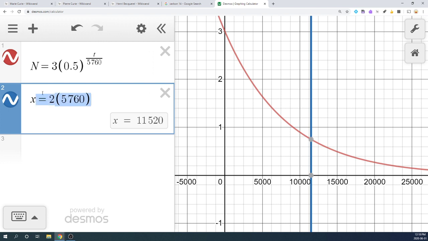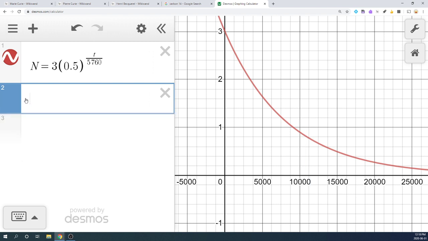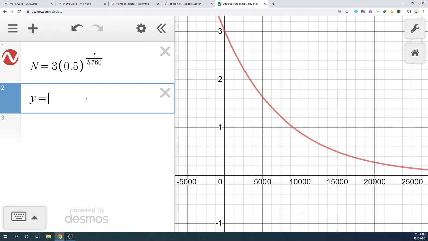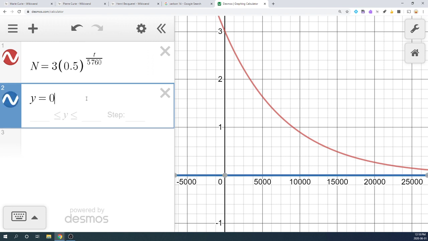And so you can use this to determine how much you would have left after a certain amount of time. The other way we can ask questions is, how long would it take for you to have so much left? So imagine that we asked how long would it take for you to have 0.375?